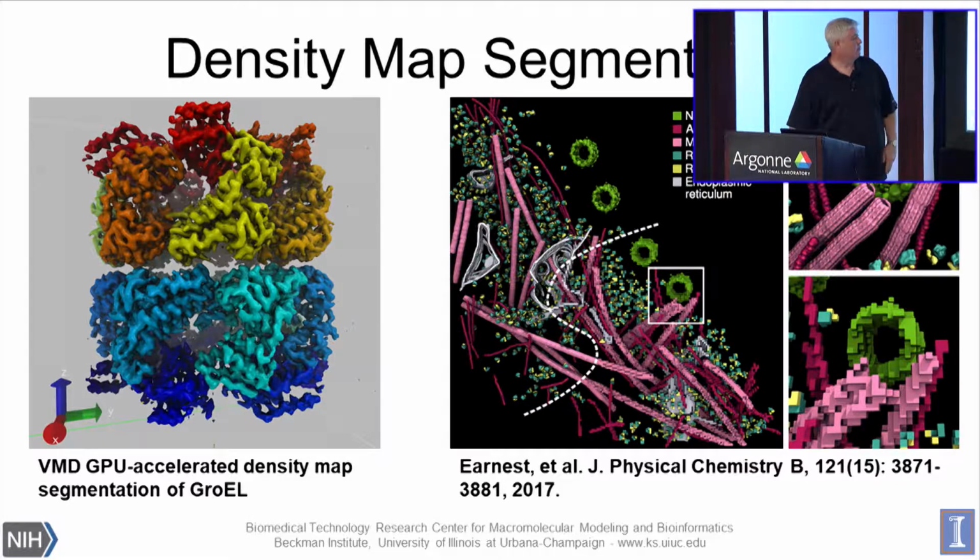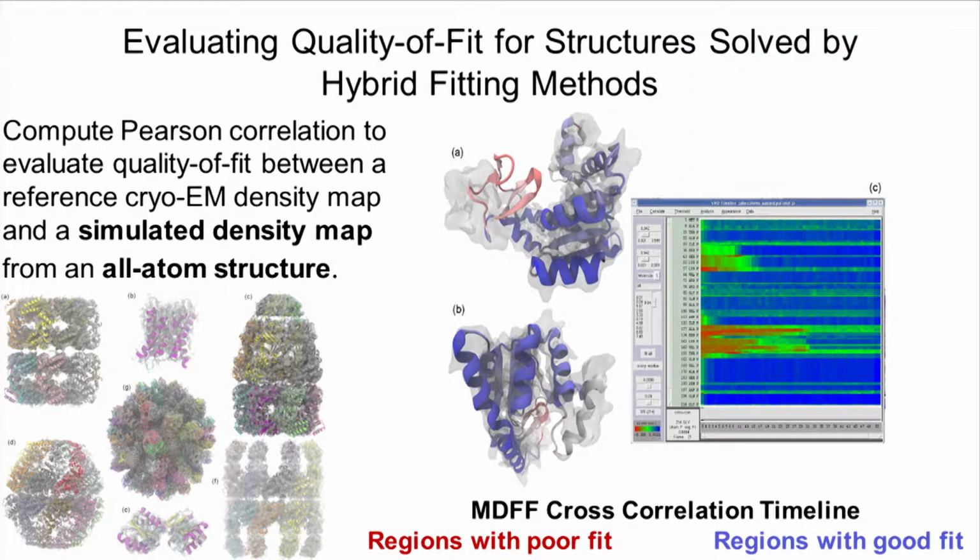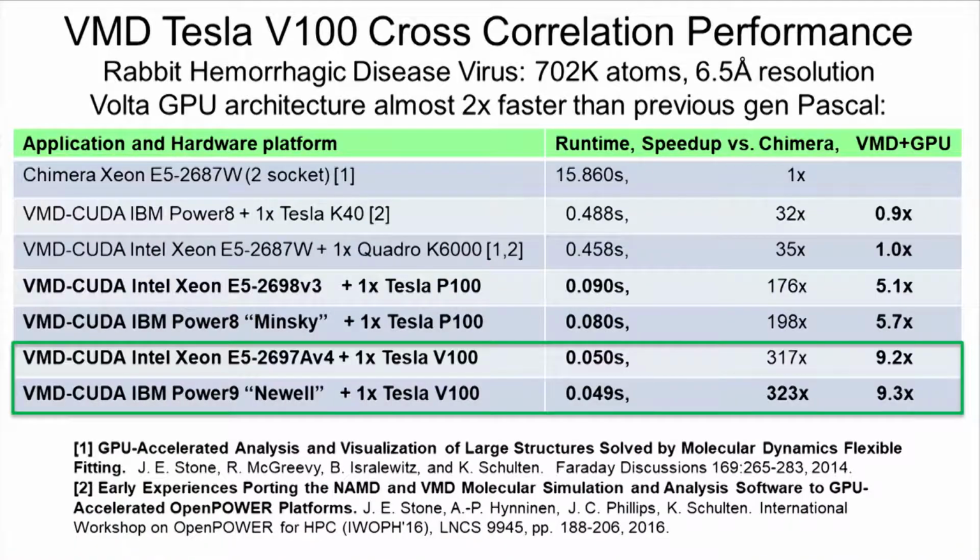We have cross-correlation algorithms on the GPU also that are very fast. To give you an example, we've used those cross-correlation algorithms to evaluate quality of fit for atomic structures against experimental density maps. And using the GPU, this is now extremely fast compared to conventional software, so we can do much more computationally demanding calculations than were previously feasible.